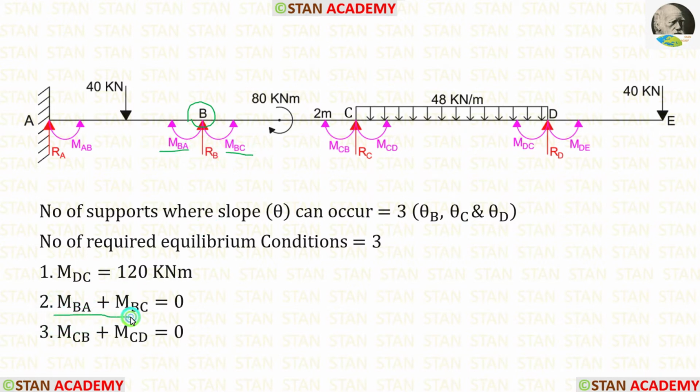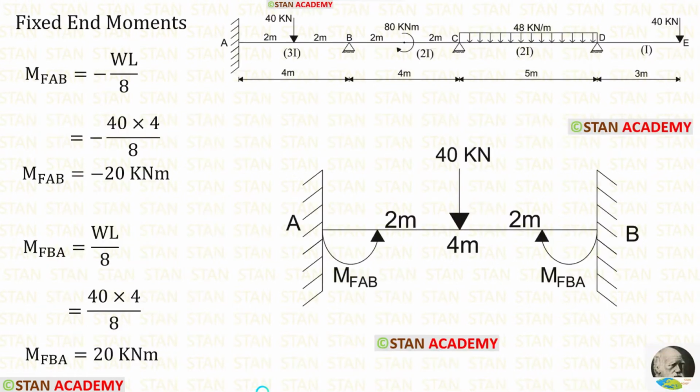When we add these two moments, it will be 0. In the joint C also, there are two moments, MCB and MCD. When we add these two moments, it will be 0. It is our second equilibrium equation, and this is our third equilibrium equation.